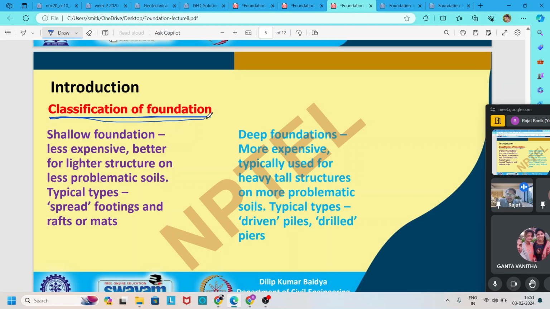We already discussed that foundation is divided into two types based on the depth of the foundation.